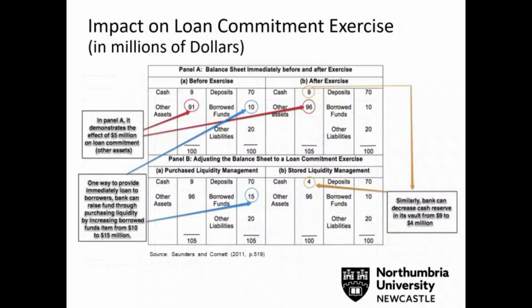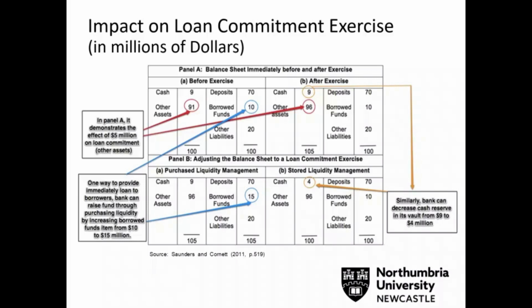Okay, now let's look at a different perspective of what we've just done. So we're going to look now at the effect of this extra 5 in loan commitment. If we look at panel A, the top half, A is before the exercise and simulates there is no actual bank run, but we have just committed to an extra 5 million in borrowing.